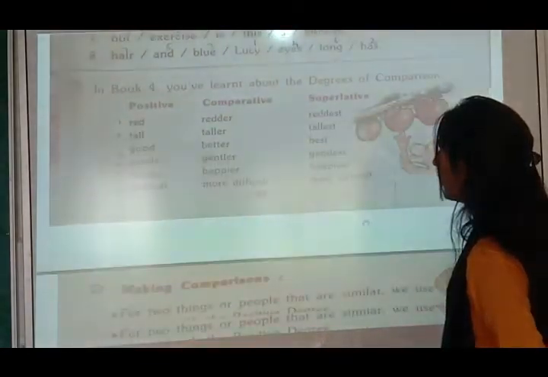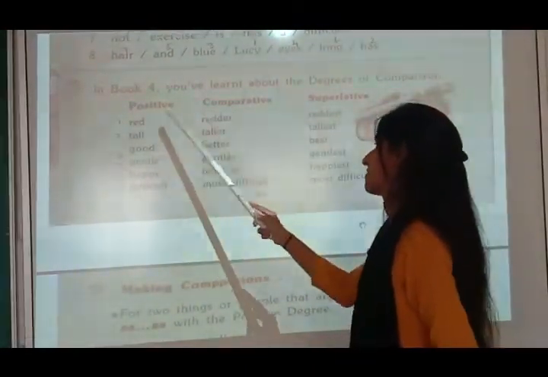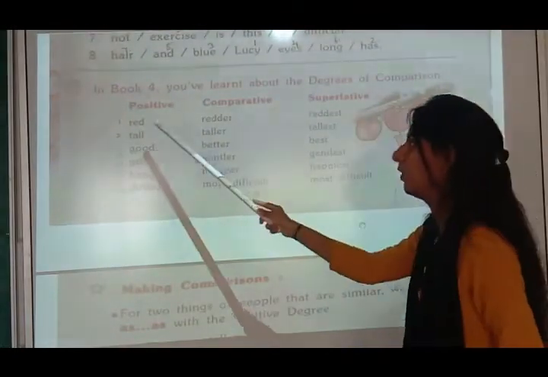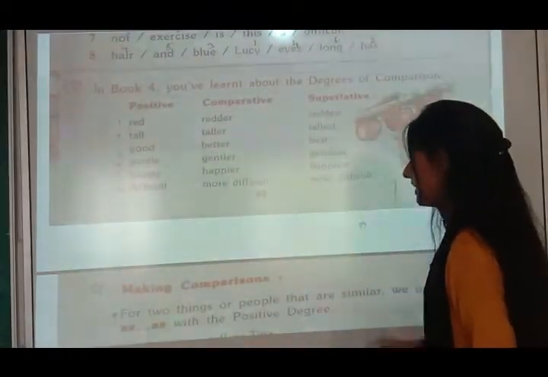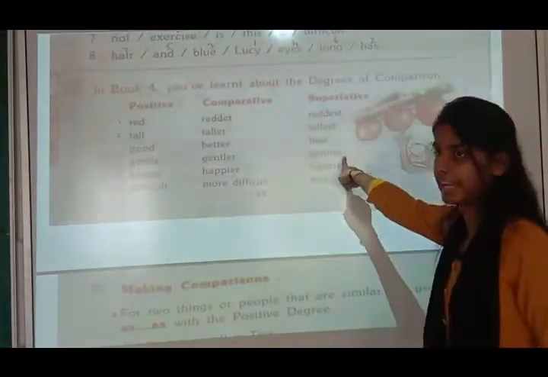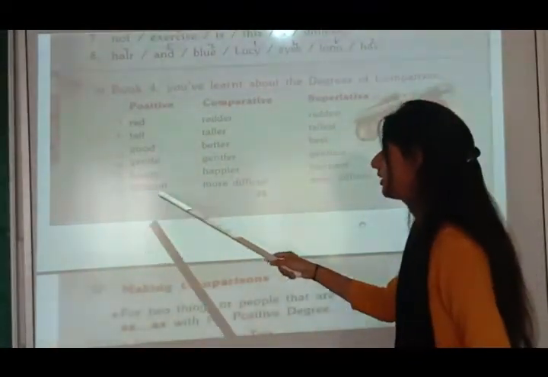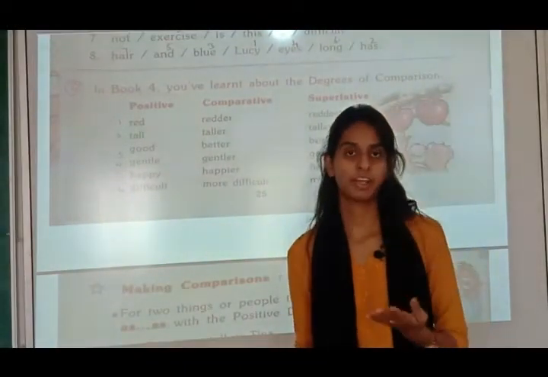Now see, you have learnt about the degrees of comparison. There are 3 degrees: positive, comparative, superlative. Red will become redder and superlative reddest. Gentle, gentler, gentlest. Here you have to add ER and here EST. Difficult will not become difficulter and difficultest.